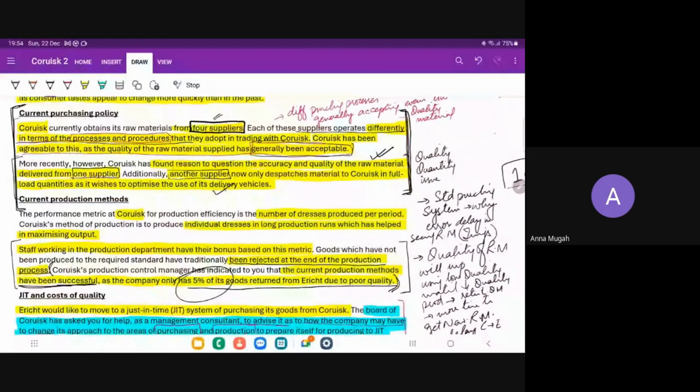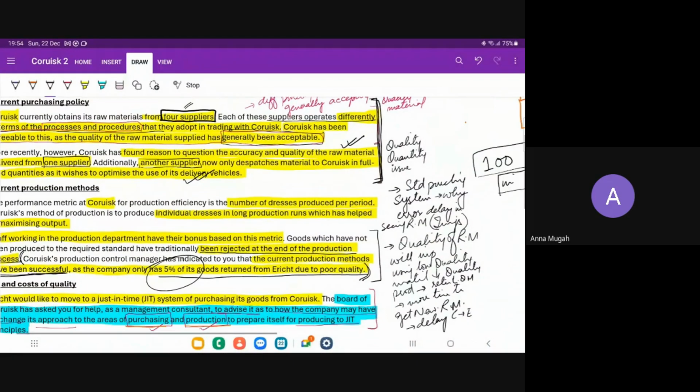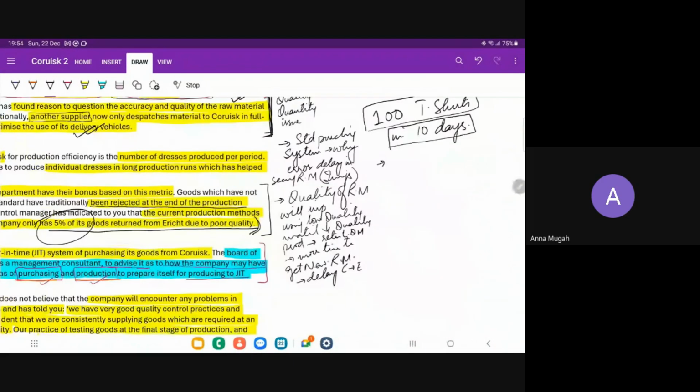There is another supplier who will dispatch whatever maximum raw material, because he thinks that he should reduce the raw material cost. So the quantity of raw material should be, I mean, we have to communicate to the supplier that the company will only accept the raw material ordered by them.